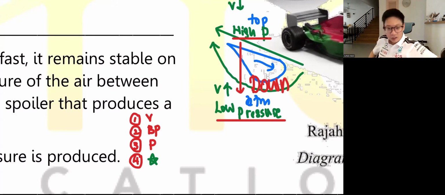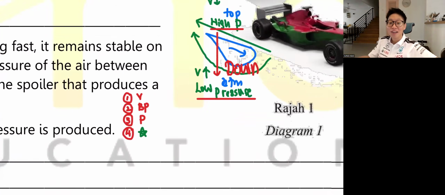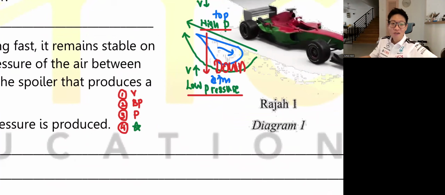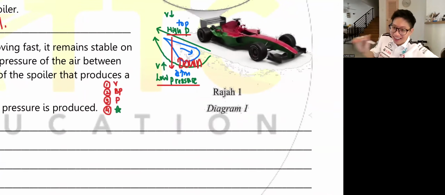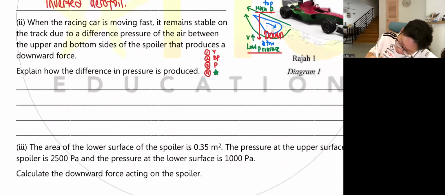Okay, now let's write this together first. Later I tell you what's the answer that I want. I don't want to tell you now. Too bad, guys. Okay, number 1. First, we'll talk about this.